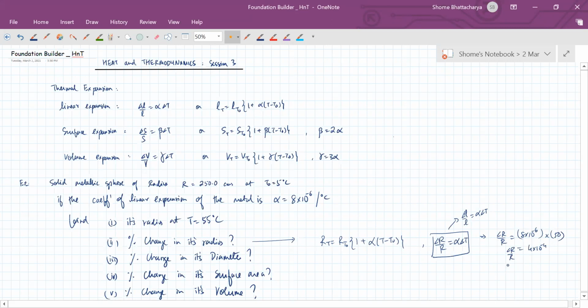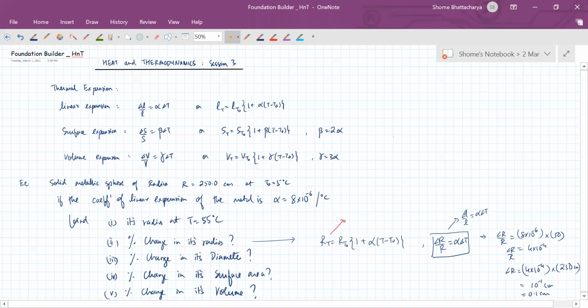So the change in radius is 4 into 10 raised power minus 4 times the original radius, which is 250 centimeters. So that's 10 raised power minus 1 centimeter, or 0.1 centimeter. So yes, your answer is correct.